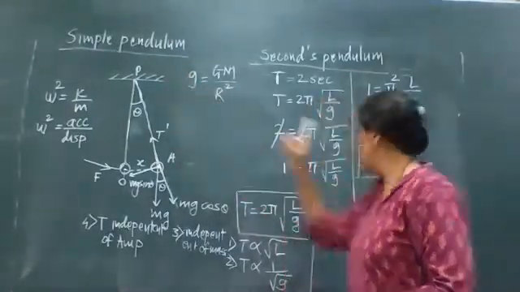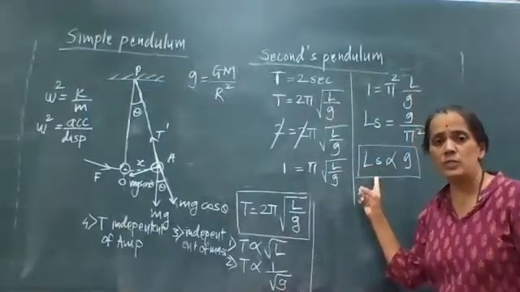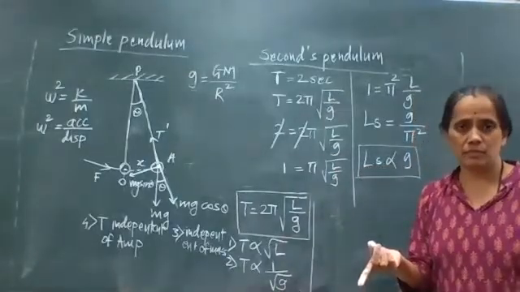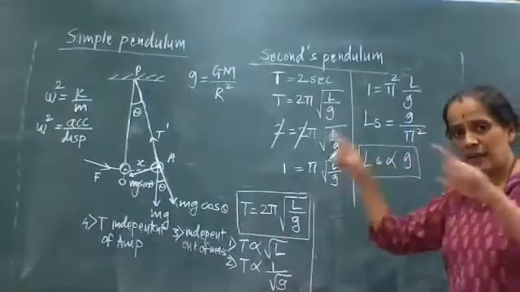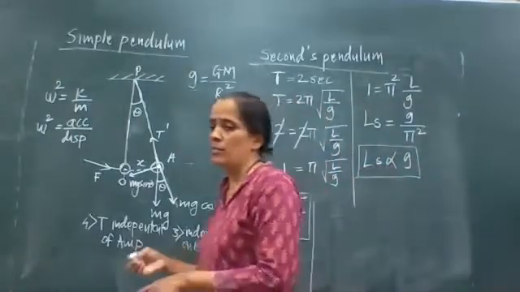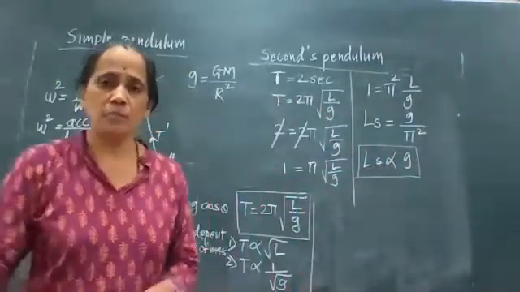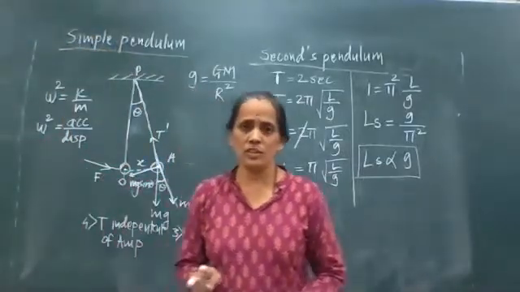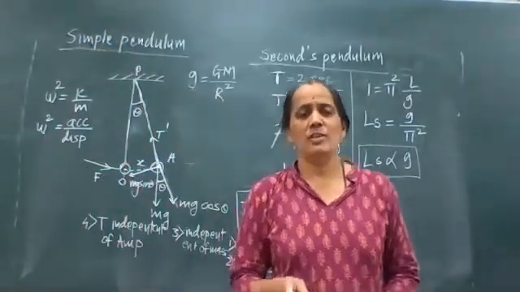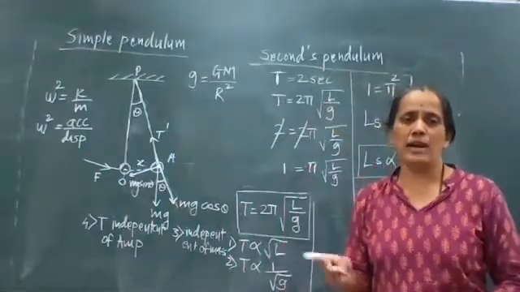If g value is maximum, the length of the second pendulum at the pole is maximum. In that manner, this simple pendulum concept is important for 3-mark questions, 4-mark questions, 2-mark questions, very short answer of 1 mark, and MCQ questions.